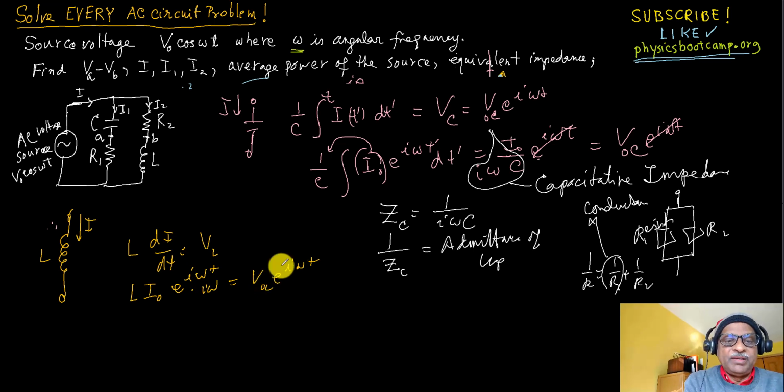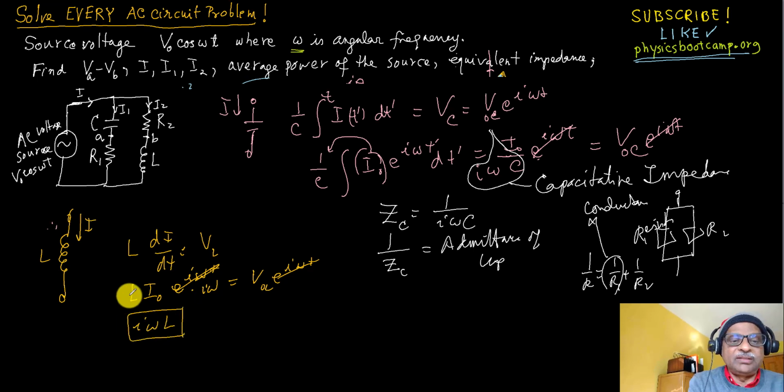So the e^(i omega t) will just cancel out, and you can see that i omega L is acting like a resistor, and this is what we call the impedance of the inductor, or complex impedance of the inductor.